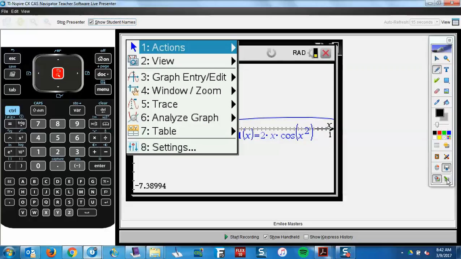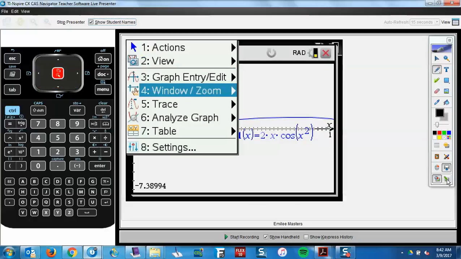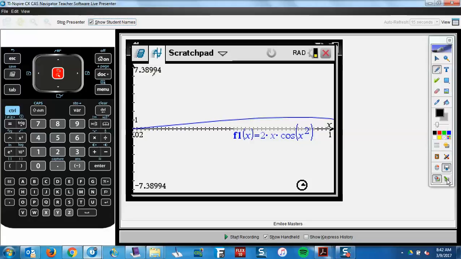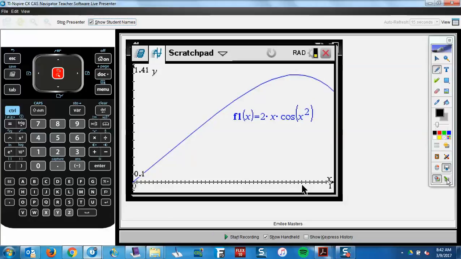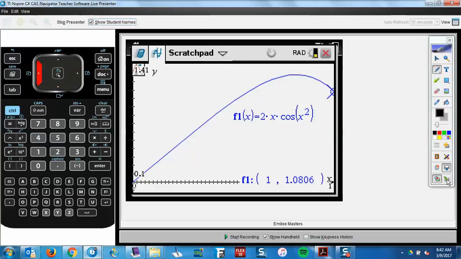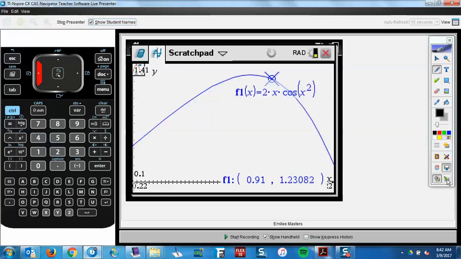I like zoom fit. Now this is a pretty easy one. Then you can arrow, and if you're careful, slowly, boom, there it is.